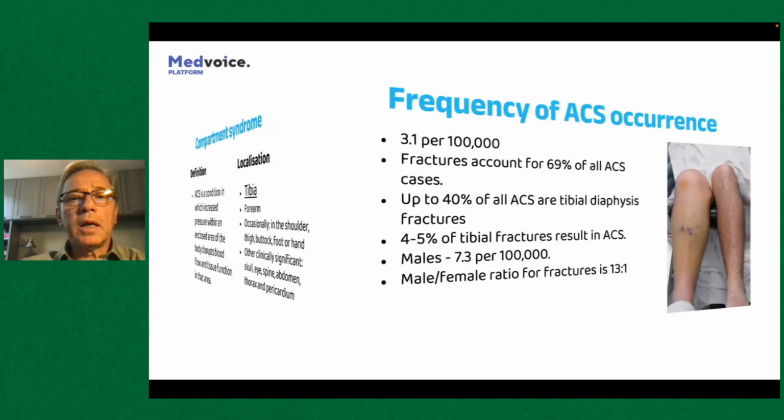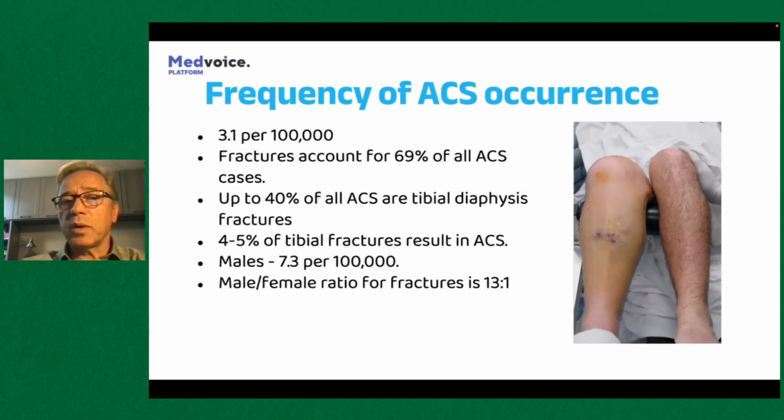What's the frequency? It's 3.1 per 100,000 cases. Fractures account for almost 70% of compartment syndrome. Up to 40% are tibial. 4 to 5% of tibial fractures result in acute compartment syndrome.